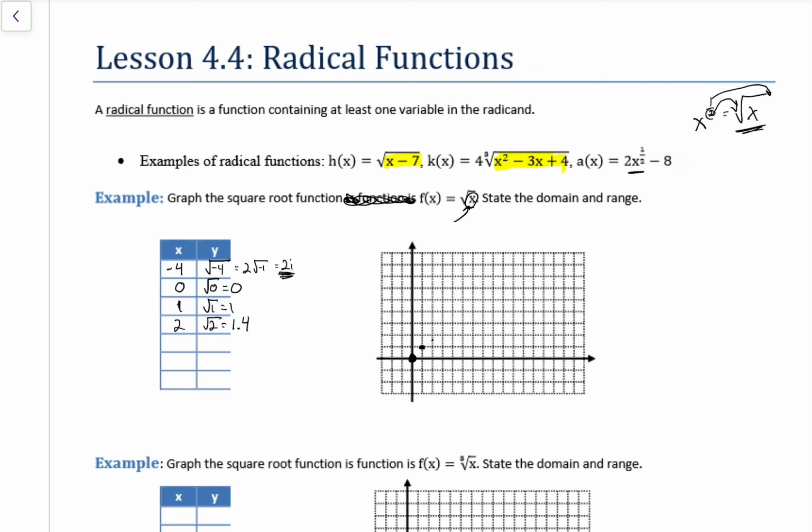So instead of choosing numbers like 2 or 3 or 5 or 6 or 7 or 8, I'm going to choose perfect squares because they're easier to work with. The square root of 4 is 2. So we have the point 4, 2, and then I'll jump all the way up to 9. The square root of 9 is 3.